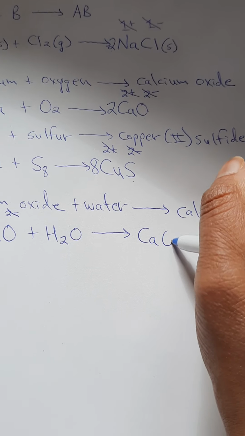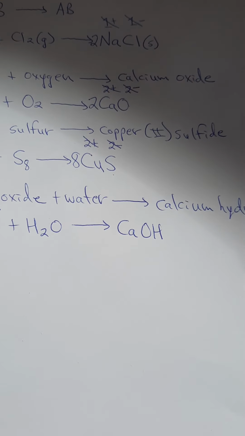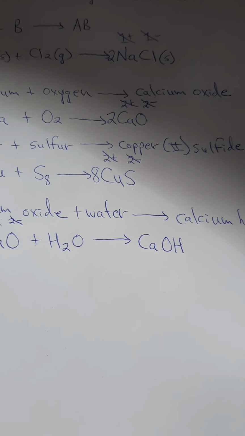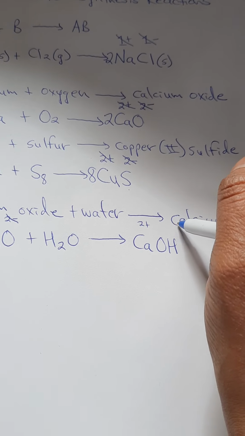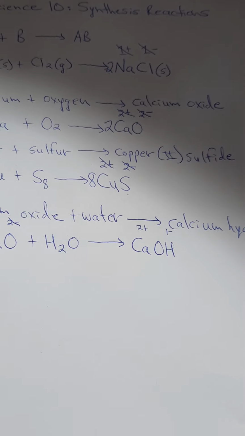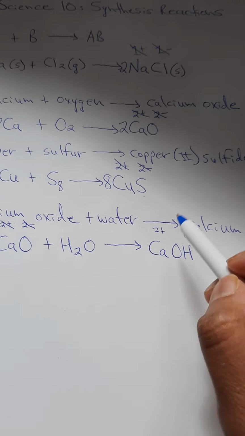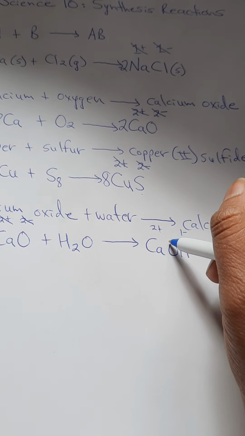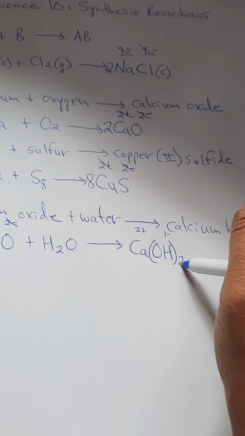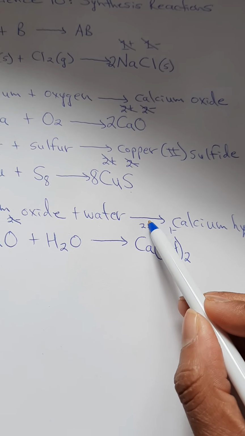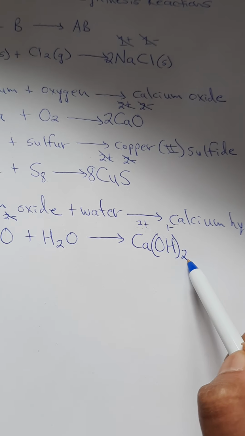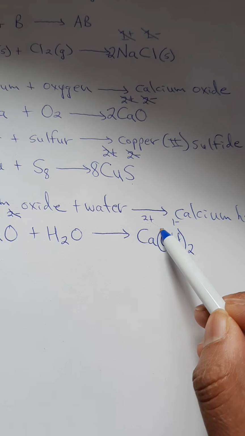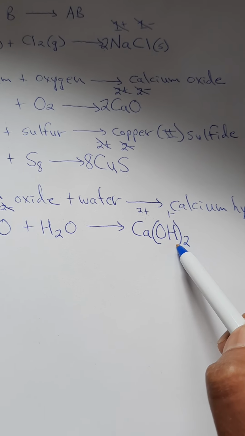So calcium hydroxide is Ca and OH like this. Again, remember calcium's charge is 2 plus. OH has a charge of 1 minus. I'm going to cross over the charges. Everyone see this? This is a 2 plus charge being crossed over to the opposite side. Remember, we have to add the brackets around the OH.